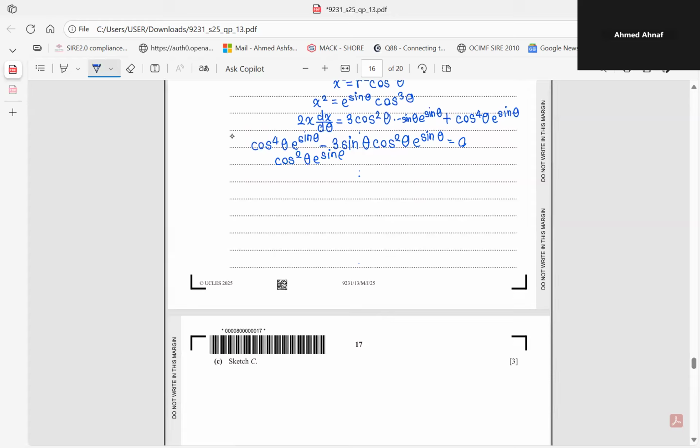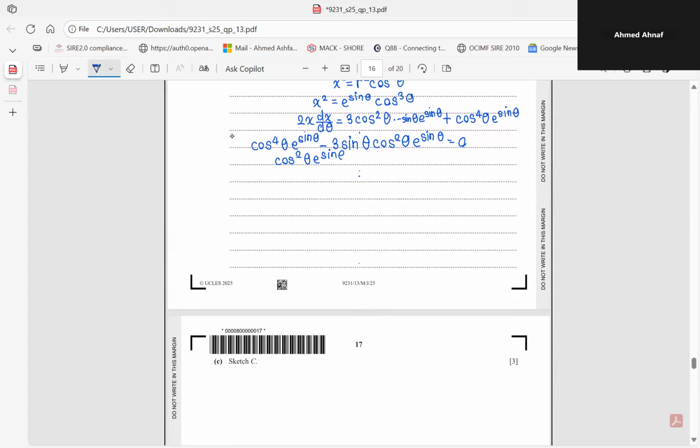I have to change this cosine squared theta to 1 minus sine squared theta, minus 3 sine theta, equals 0. So let's equate both of these to 0.